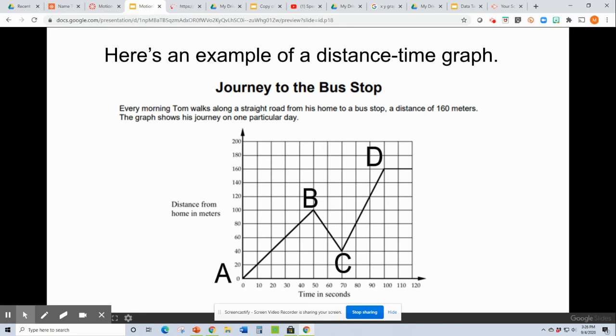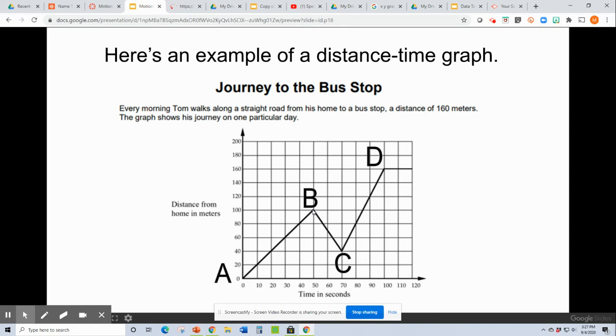That is not what this means. This is simply showing you that this object, or in this case Tom, has started right here at his house, and he is walking away from his house.